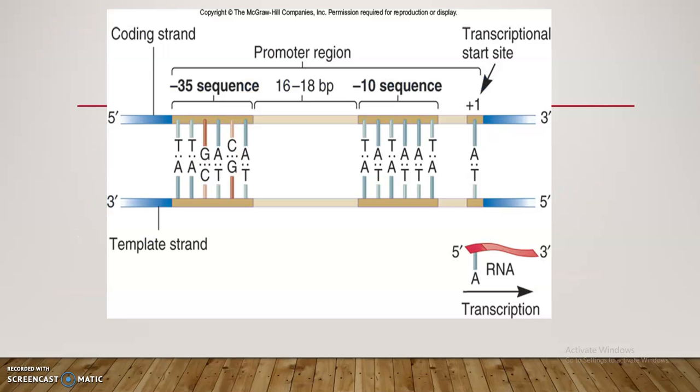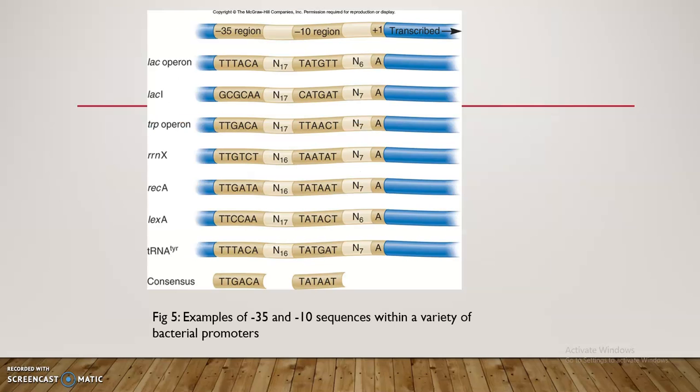This is one example of sequence elements showing a coding strand and the promoter region, which has the sequence elements here. There's also an arrow showing the transcriptional start site, which I just stated as plus 1, and the 5 prime end. This is also one of the examples of the variety of bacterial promoters.